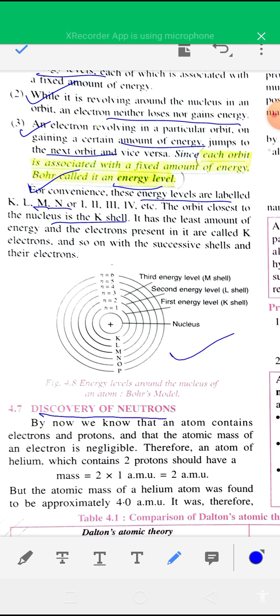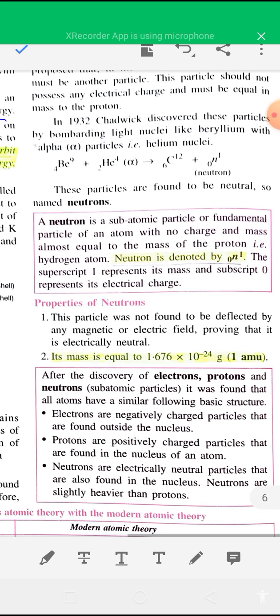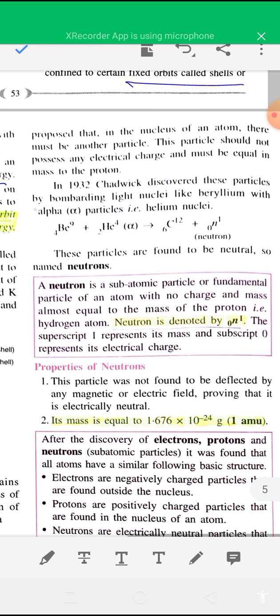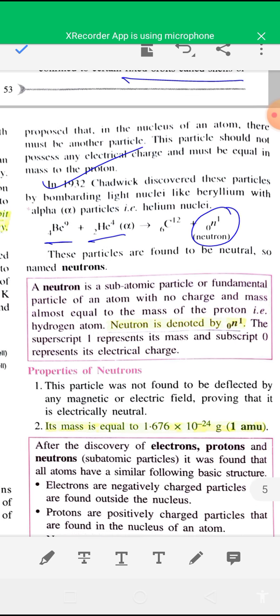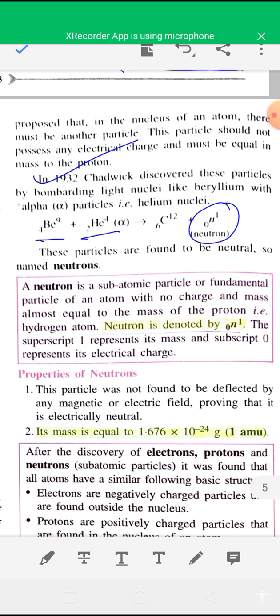And now, discovery of neutrons. Neutrons were discovered by Chadwick. Chadwick discovered neutron particles by bombarding light nuclei like beryllium with alpha particles, that is helium nuclei.